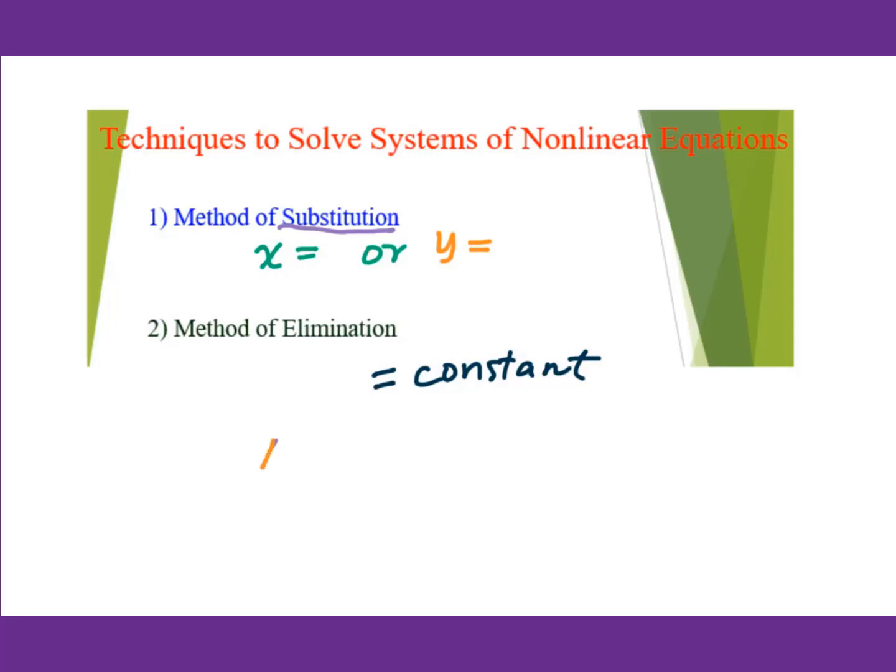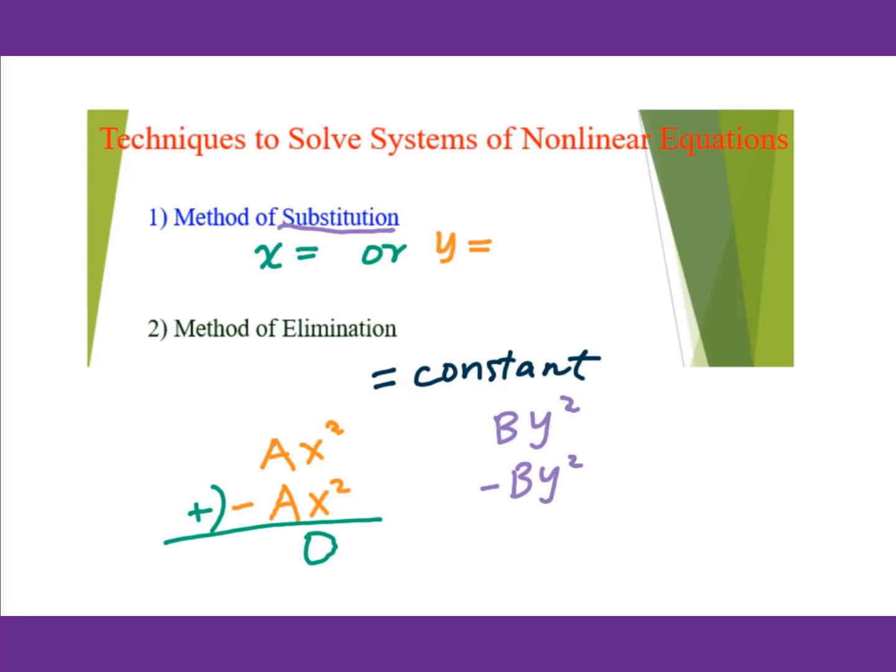Like this, ax squared, then you get the negative ax squared, so we add together, you get 0. Or you get by squared and the negative by squared, then we add together, you will get 0. That means you cancel x squared or y squared.